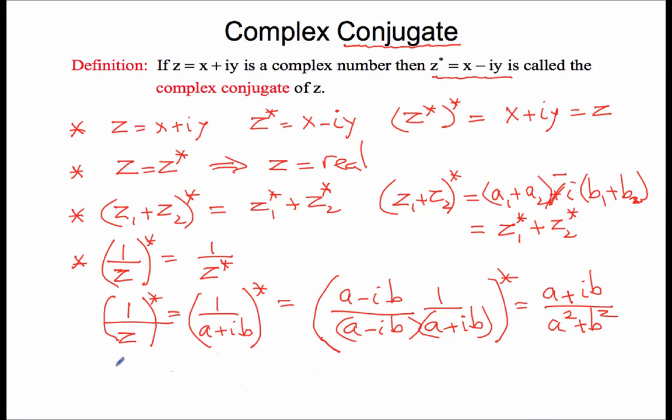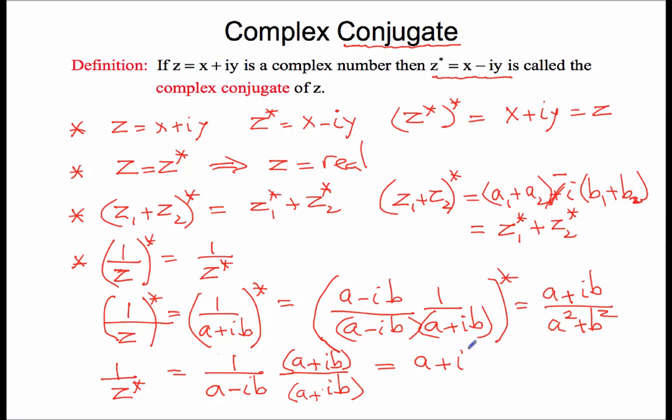On the other hand, if I started out with 1 over z star, that would be 1 over a minus ib, and then I multiply this by a plus ib, divide by a plus ib, and this gives me a plus ib, and when I multiply out the denominator, I get a squared plus b squared, and so this and this are exactly the same.